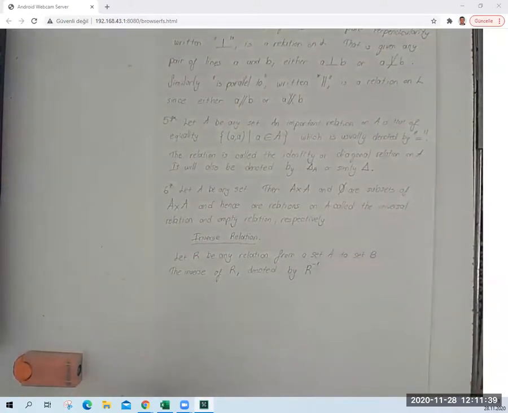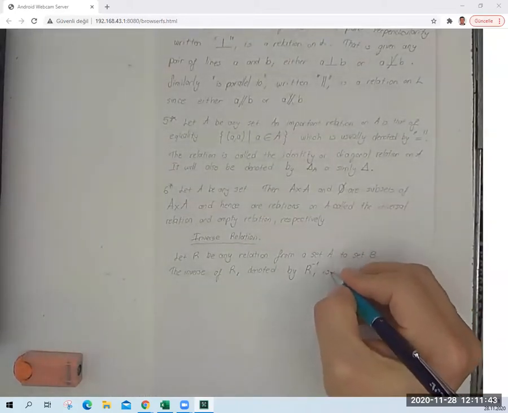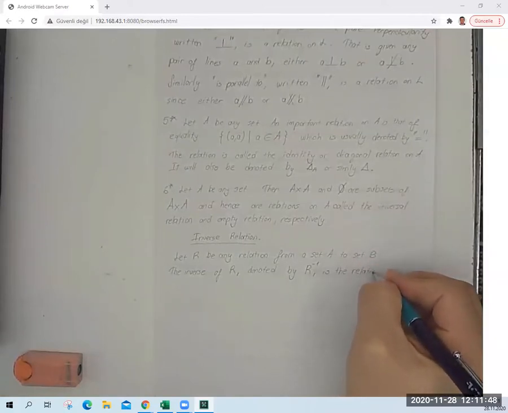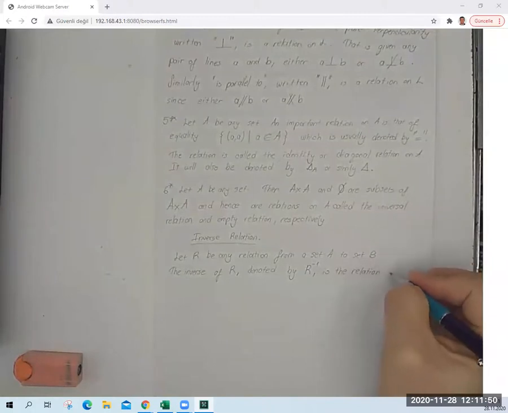This is going to be the inverse relation. It means a relation from B to A.